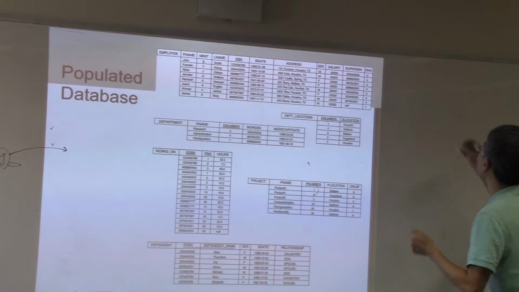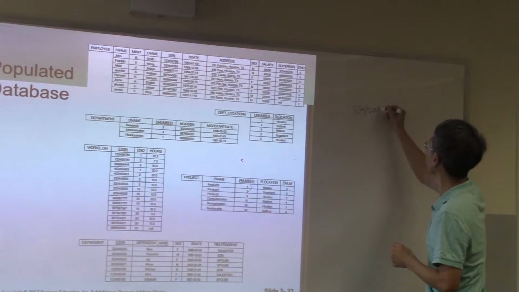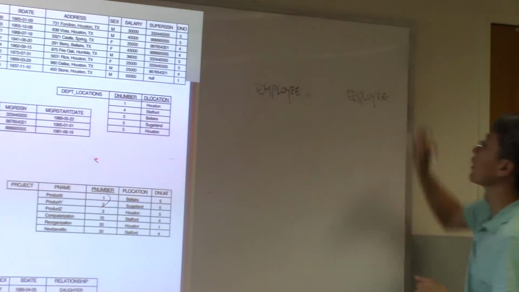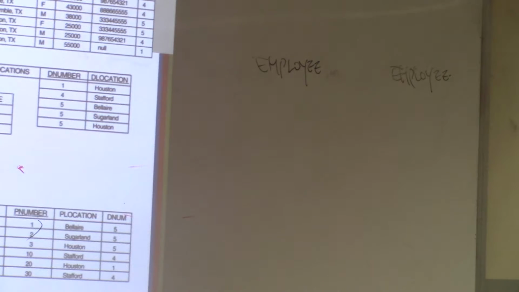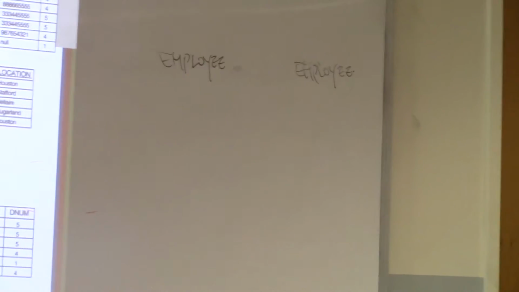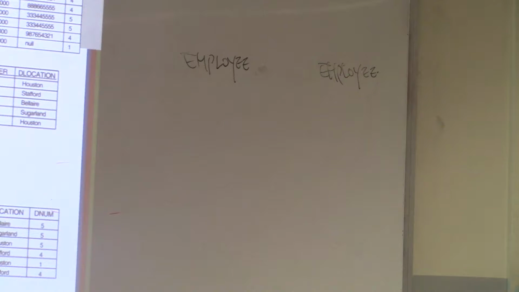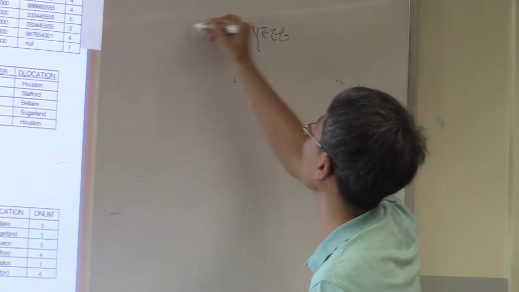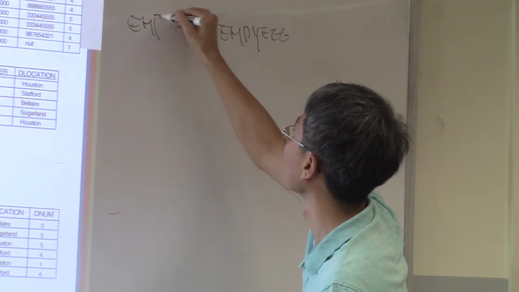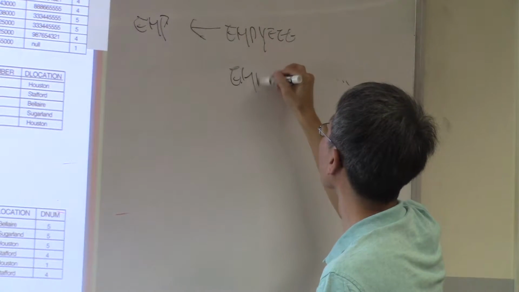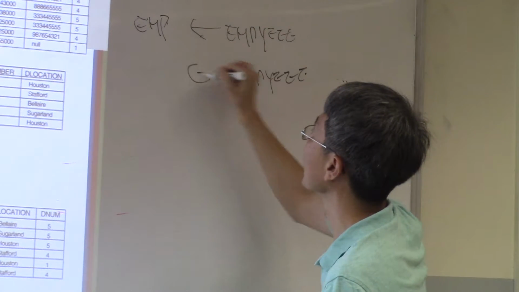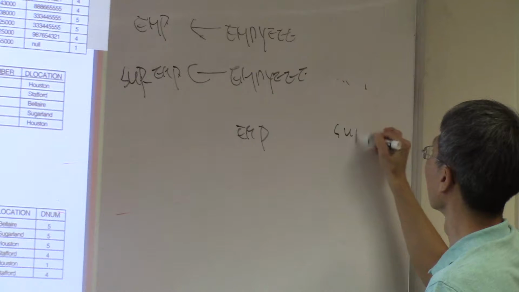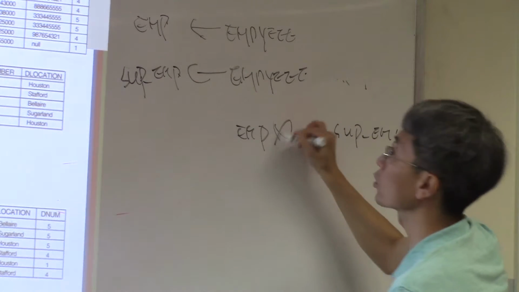So how can we do that? In terms of relational algebra operations, there is no specific way to alias. Instead, how can we address that? We can employ rename, EMP, and another one is employee for supervisor, then join. How to join?